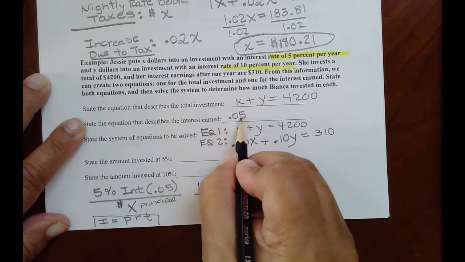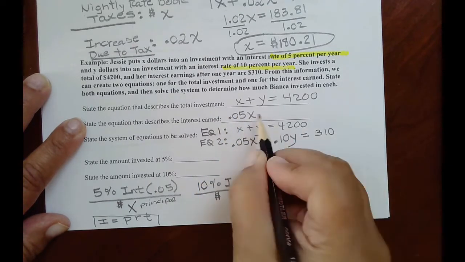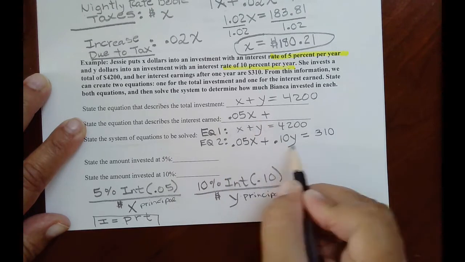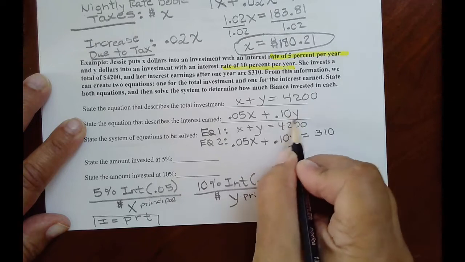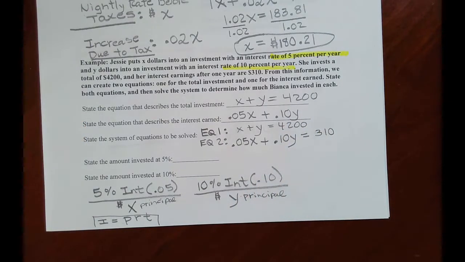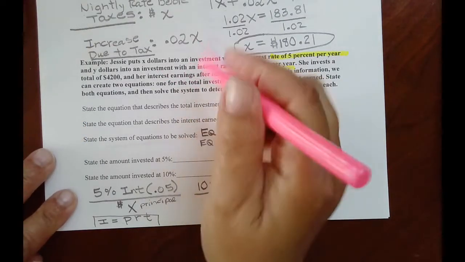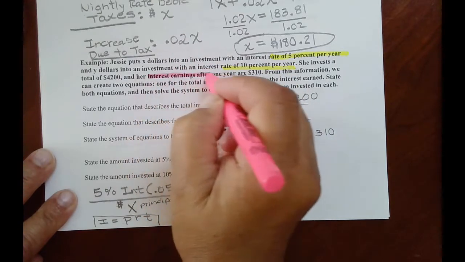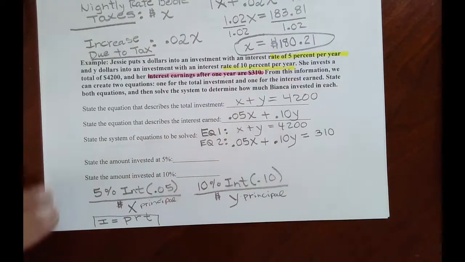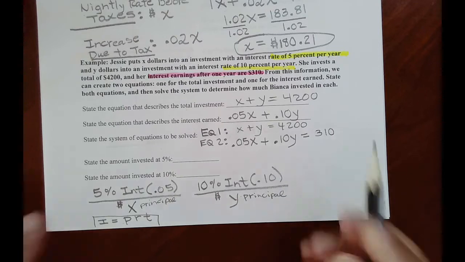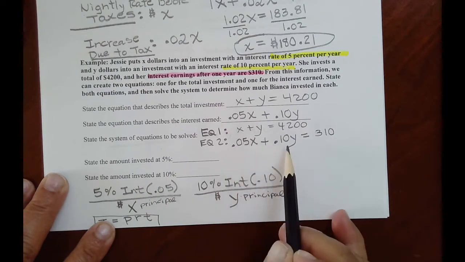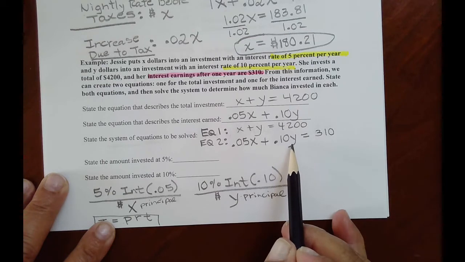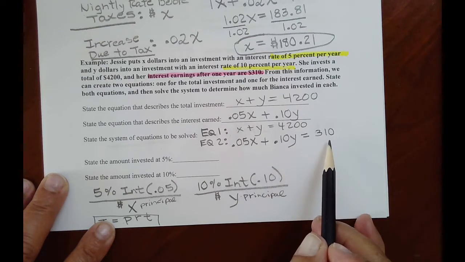This represents the interest off of the 5% account, and this interest represents the interest off the 10% account. And they make the comment here that the interest after 1 year is $310, which is what gave me the thought to add these two amounts of interest that are earned over the course of a year, totaling $310.